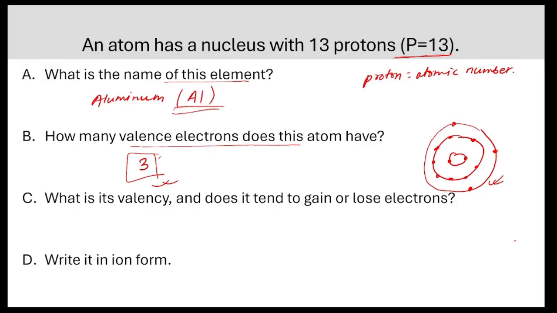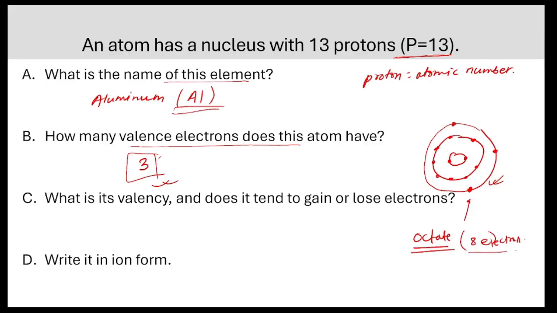And the third question is, what is its valency and does it tend to gain or lose electrons? Since we saw the outermost shell has only 3 electrons, following the octet rule, in order for this outermost shell to have a stable configuration of 8 electrons, it can either lose or gain electrons.